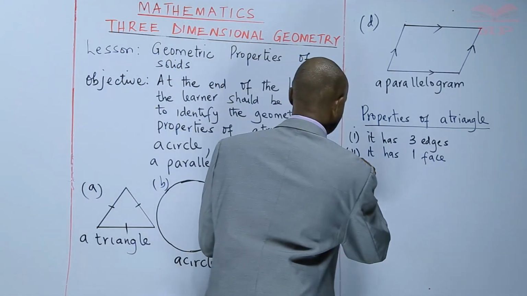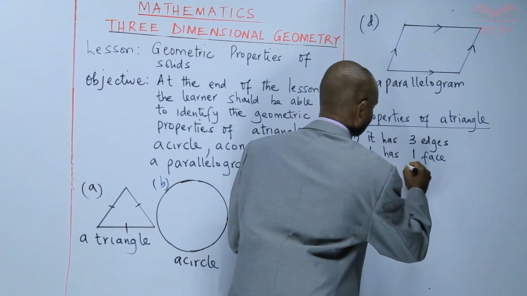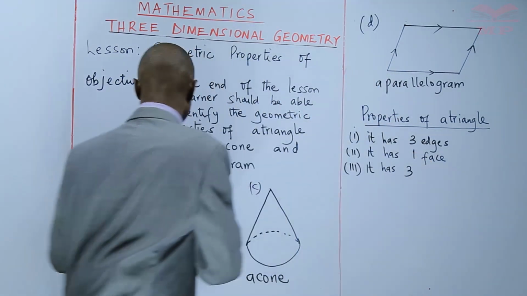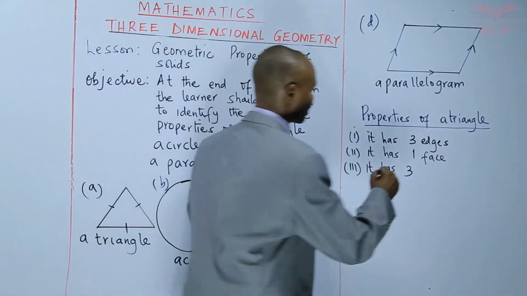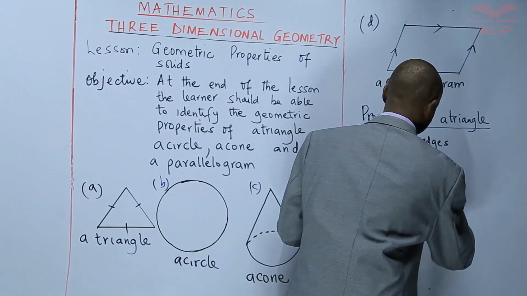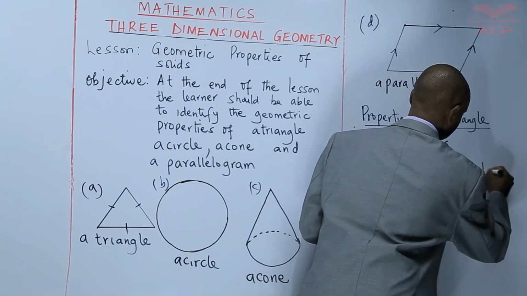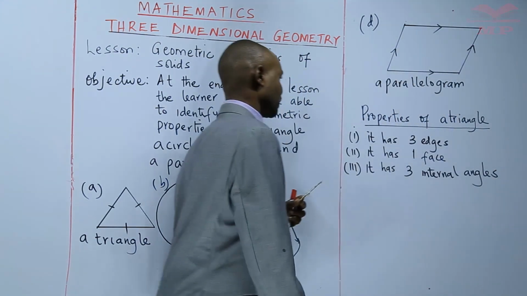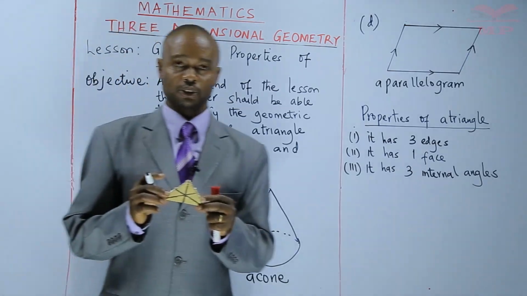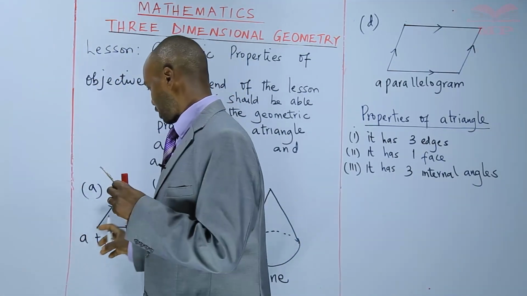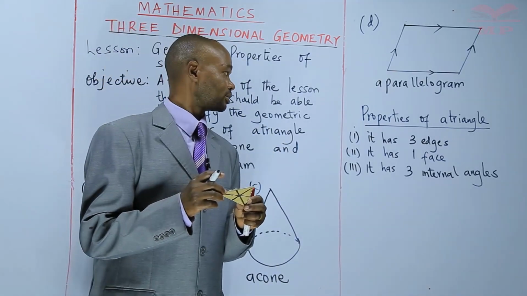You can talk of it as also having 3 internal angles. It has 3 internal angles. So in our case, that one was an equilateral triangle.